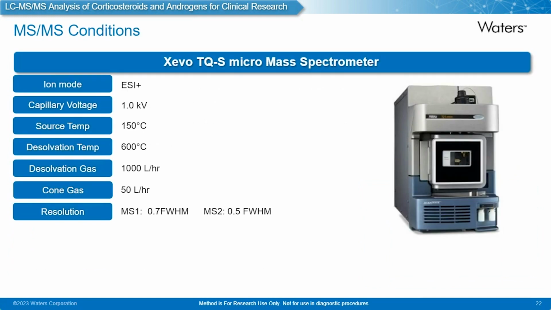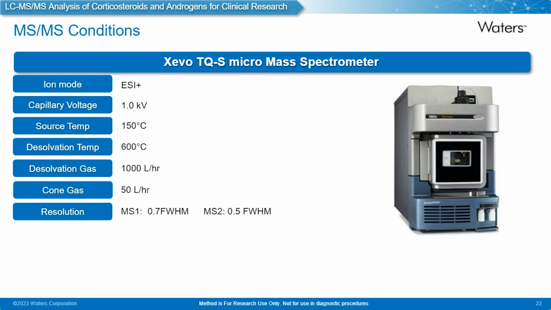And some details around the TQS Micro setup. We're looking at positive ion mode and also negative ion mode. So that's not necessarily fully correct there. DHEA sulfate is in negative ion mode. Capillary voltage of 1 kilovolt, 150 degrees source temperature, 600 degrees desolvation temperature.